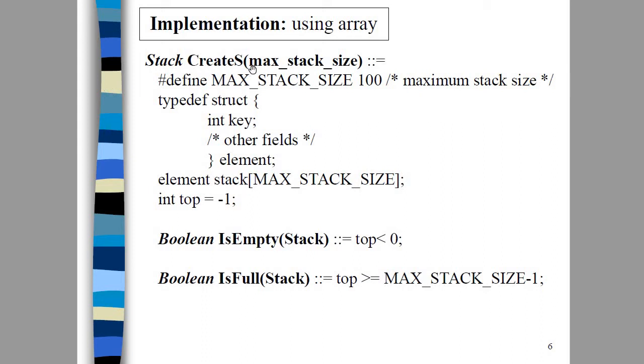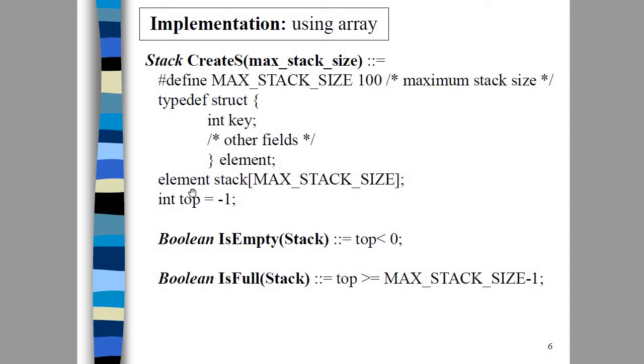In the create function, first we will define the structure. Within the structure only one key field will be there, and the new data type we are creating is element. The stack will consist of elements, so that element structure we are defining here.